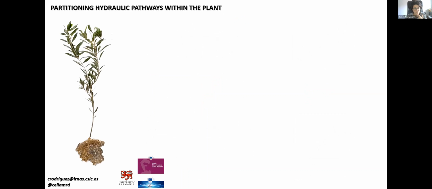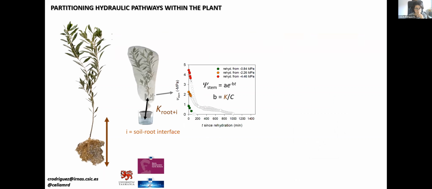So we did an experiment in olive seedlings, where we partitioned the different components of the hydraulic pathway between the soil and the leaf. We used a combination of rehydration techniques to measure that.